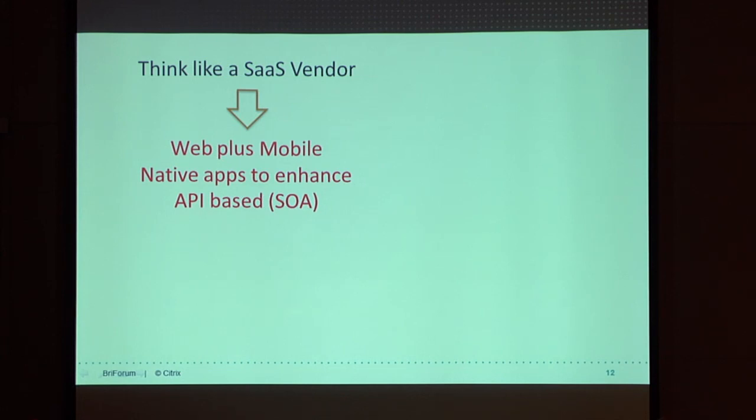In fact, the conference I was at last week, one of its themes was what they call the API economy. It's this observation that more and more, you may not sell a product, you may actually sell the APIs and access to the APIs and charge people to call the APIs and use them. And this is the way the SaaS vendors are thinking now. So it's the way really everybody needs to think.